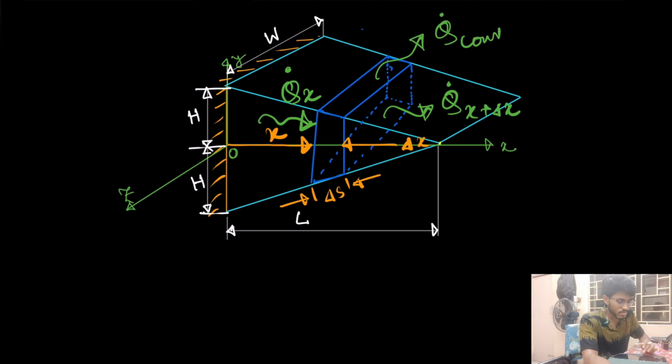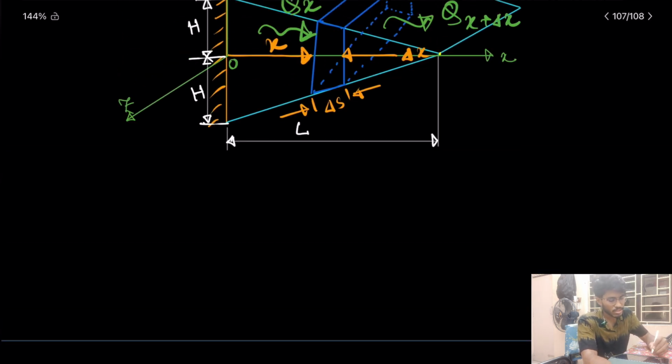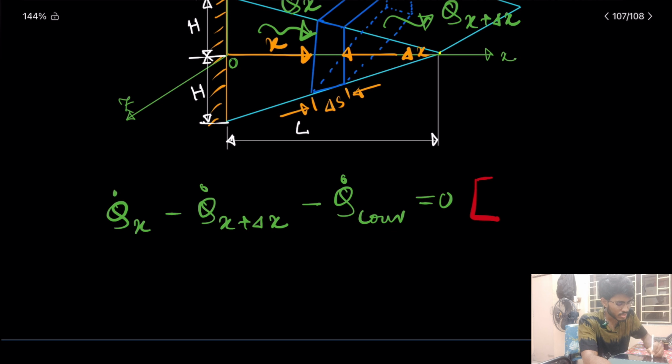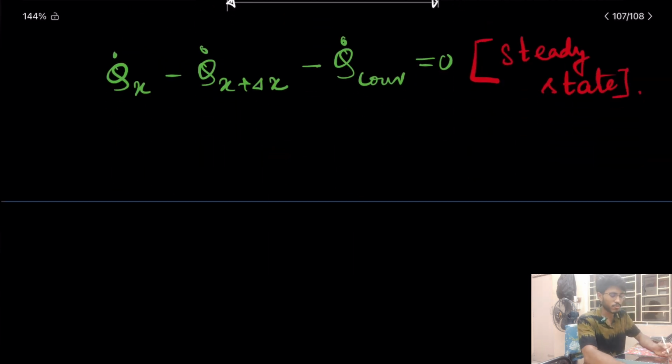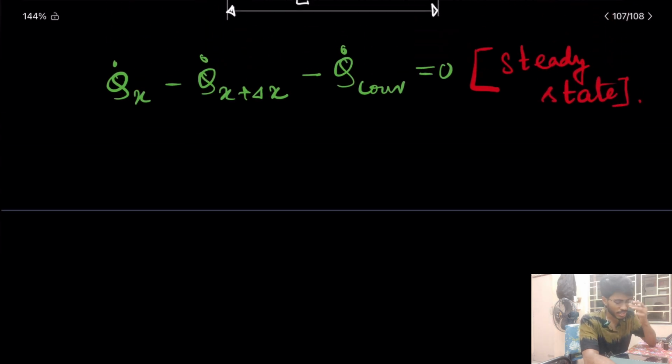Only these three things we have. So we write q dot x minus q dot x plus delta x minus q dot convection equal to 0. And why is it equal to 0? Because it is at steady state. These subtle things are very important. If I am the examiner, I will surely deduct some marks for these things. Again, feel lucky that I am not your examiner.